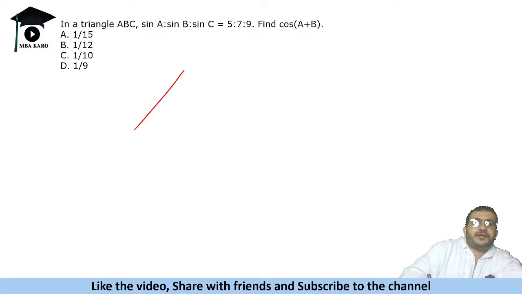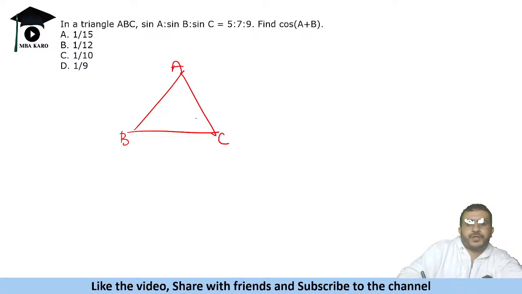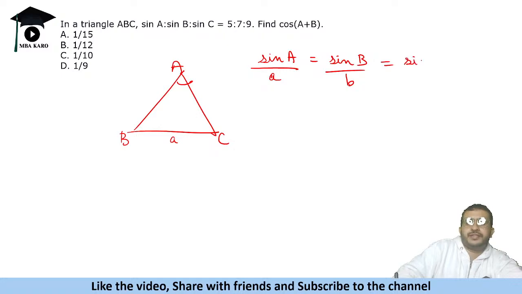So when we have a triangle, let us say ABC, and this is angle A. Sine A upon a, where a is the side opposite to it, is equal to sine B upon b, is equal to sine C upon c.